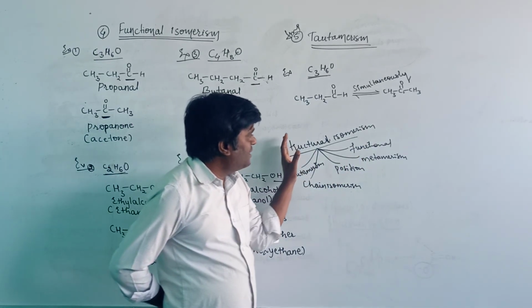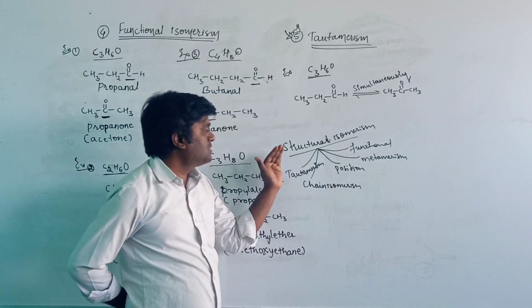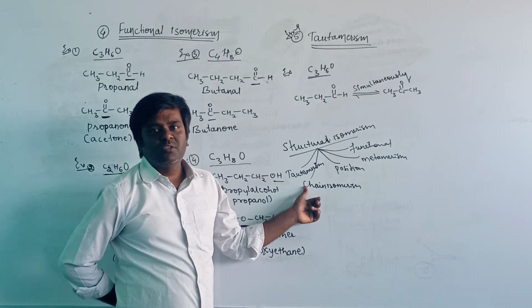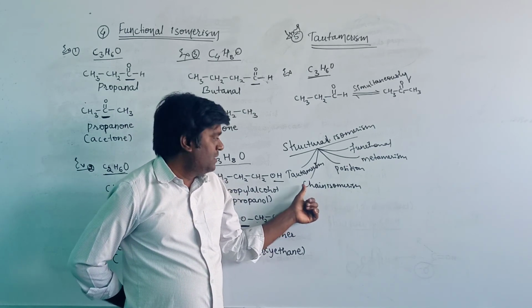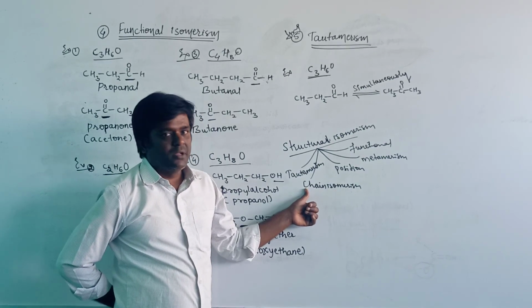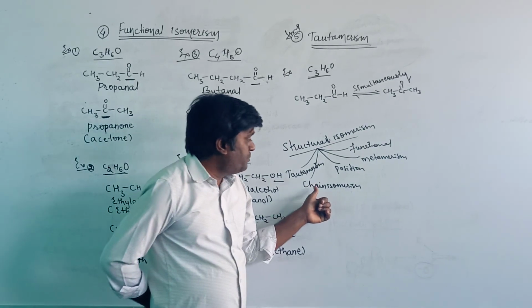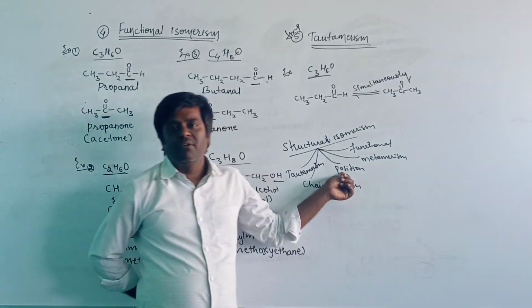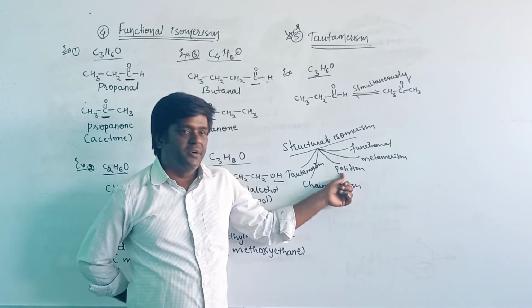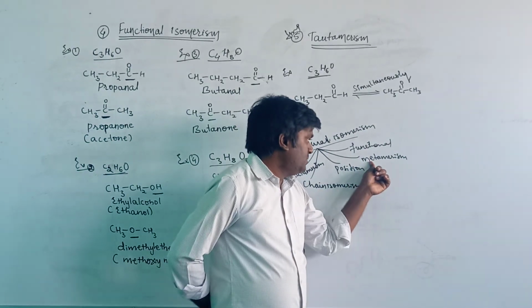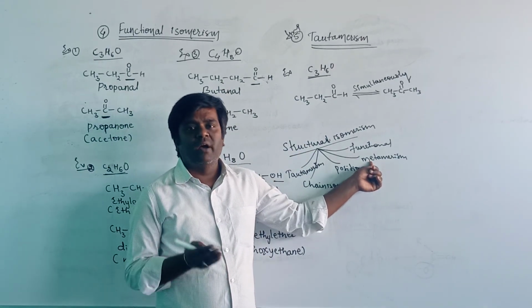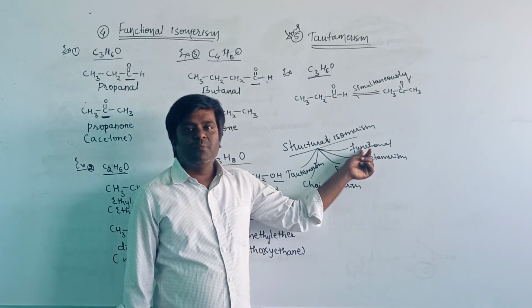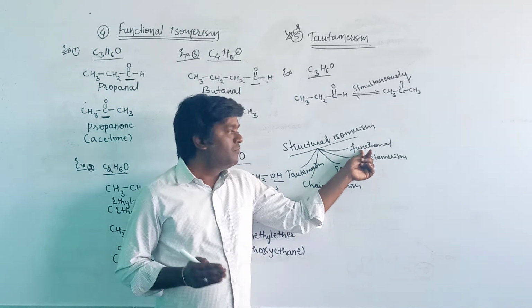Once again, I will repeat the definitions for structural isomerism here. Chain isomerism means compounds having the same molecular formula differ in the number of carbon atoms in the parent chain. In position isomerism, the position of a substituent group or functional group differs. In metamerism, the atoms or groups of atoms on either side of the functional group differ. In functional isomerism, the compounds have the same molecular formula but differ in the functional group.